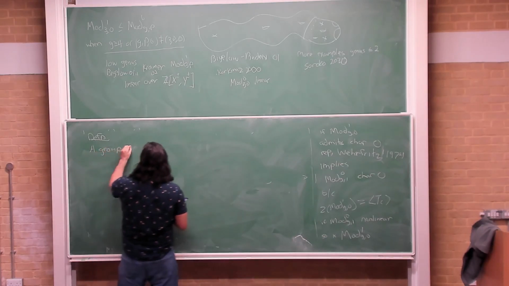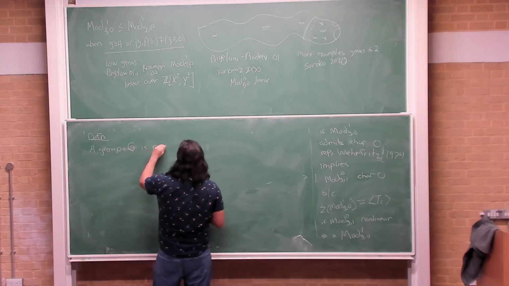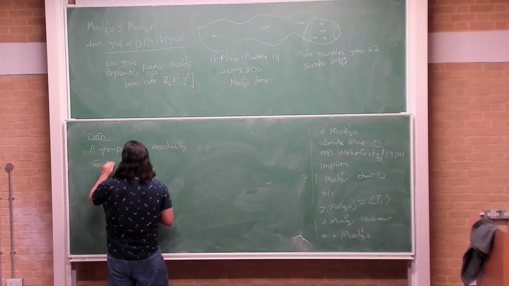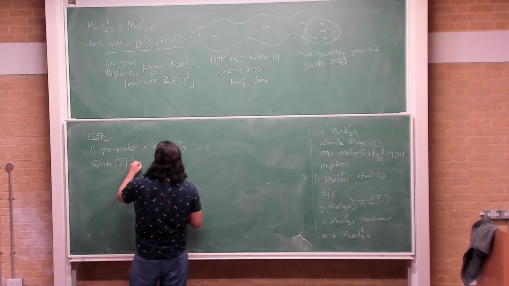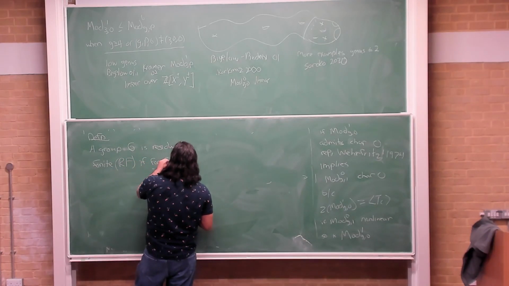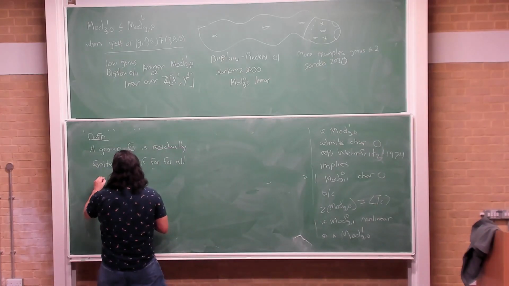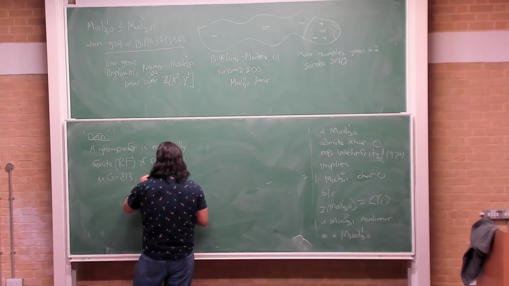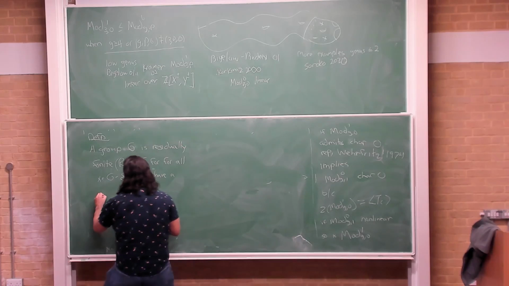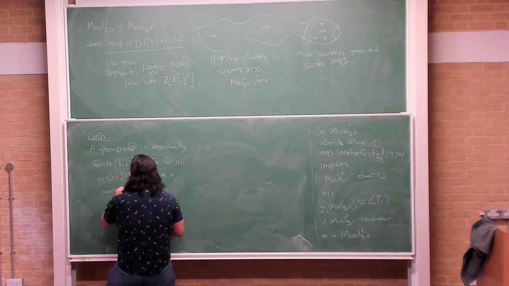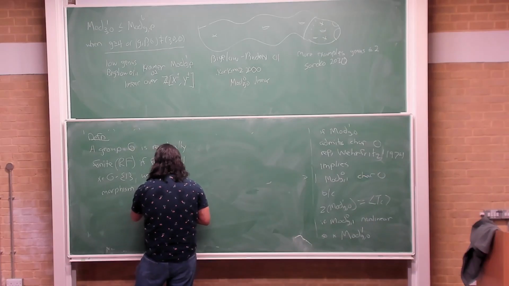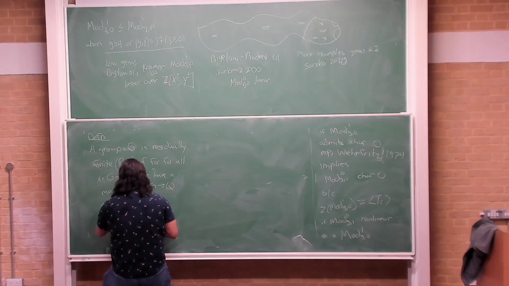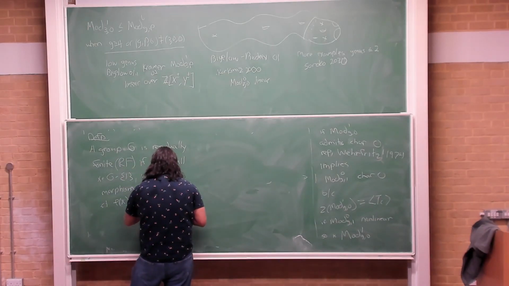A group G is residually finite, so we'll say RF, if for all X in our group that are non-trivial, we have a morphism from our group G to some finite group Q such that this morphism witnesses X, and Q is finite.